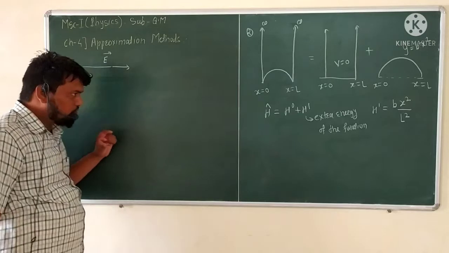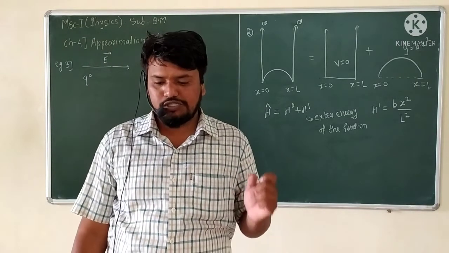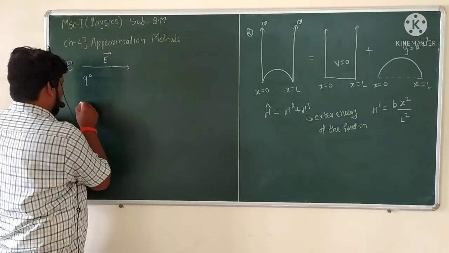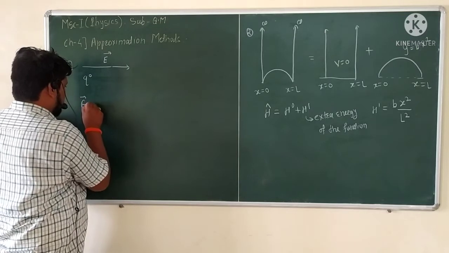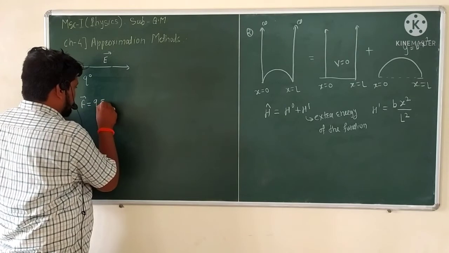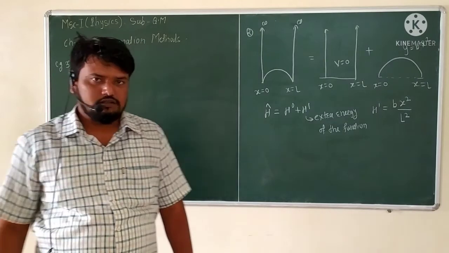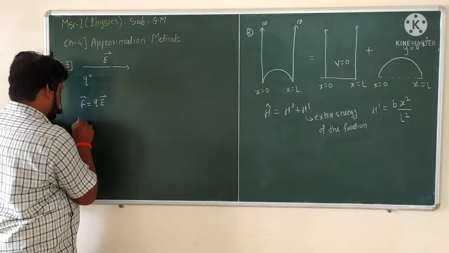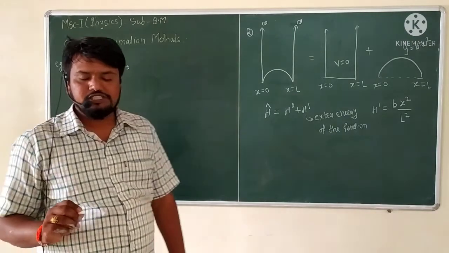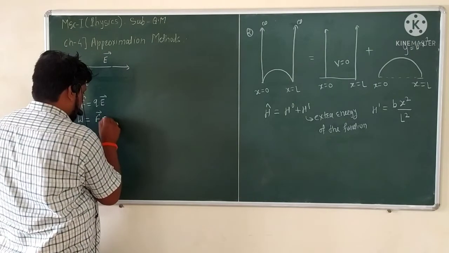If we want to find the perturbation value of this function, first of all we have to know that the force is equal to Q into E. And W is the work done, which is F dot S bar.